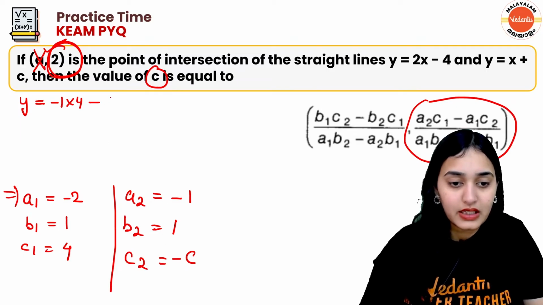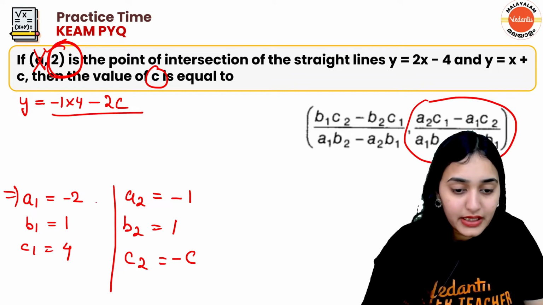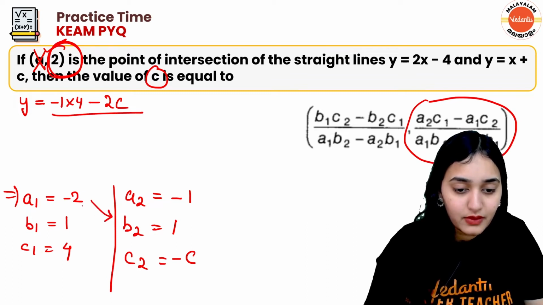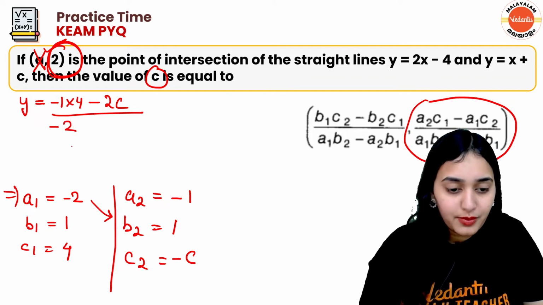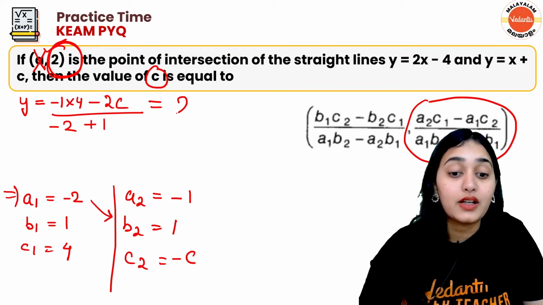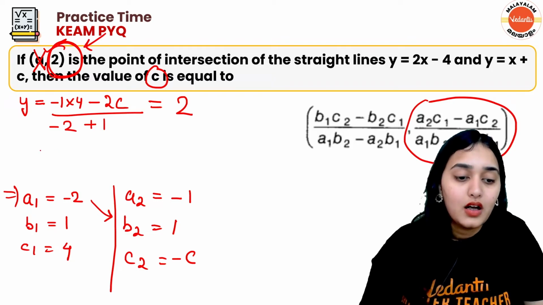Minus 2 into c is minus 2c. A1 into b2 is minus 2 into 1, minus 2, a2 into b1 is minus of minus 1 plus 1. Now this is equal to 2, because here they have given a y value of 2.